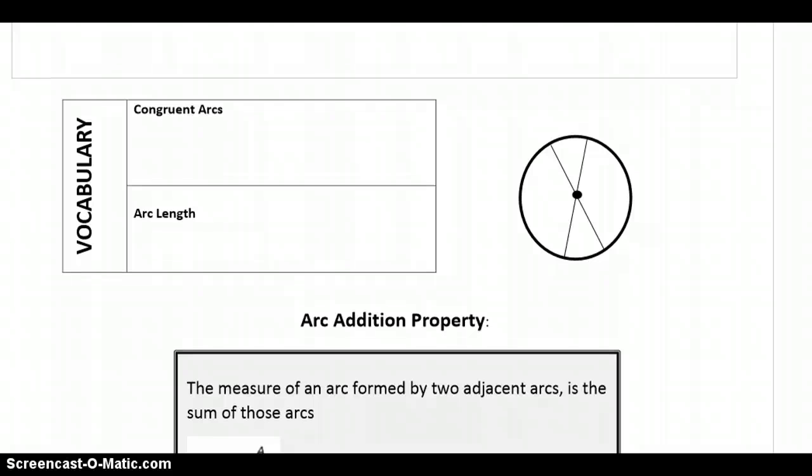We have some more definitions. So first, a congruent arc. Congruent arcs are two arcs that have the same angle measure. So to describe the measure of an arc, you're describing the measure of the angle if you draw a line from each point to the center. So they have congruent angle measures.